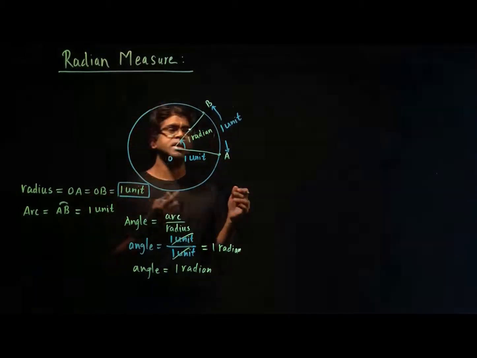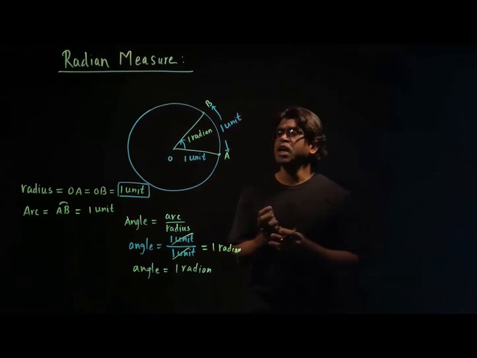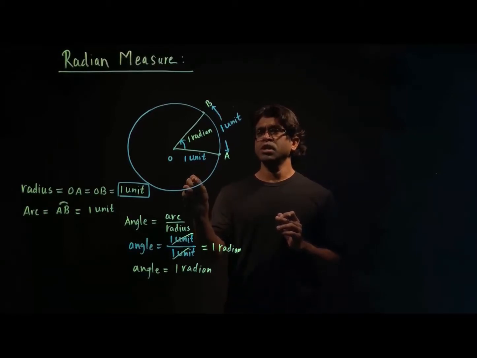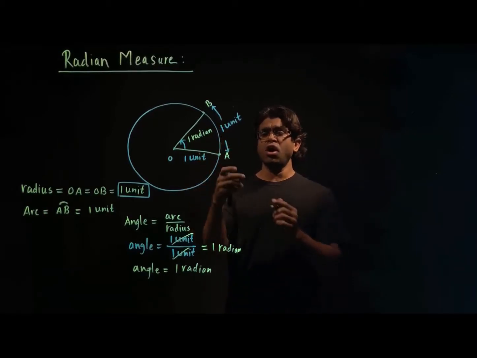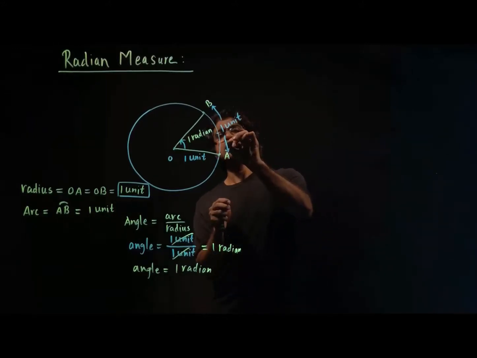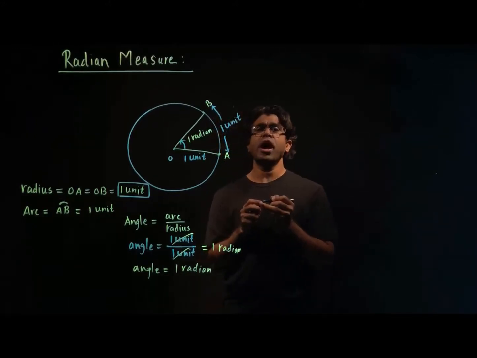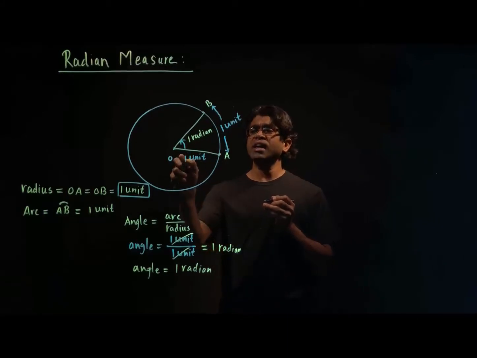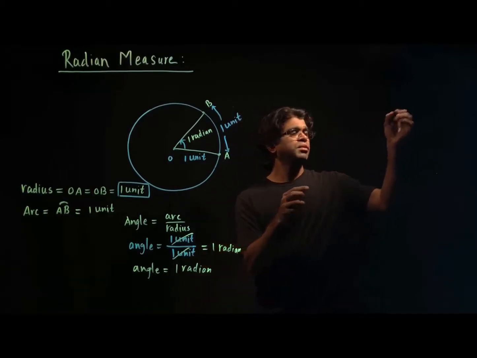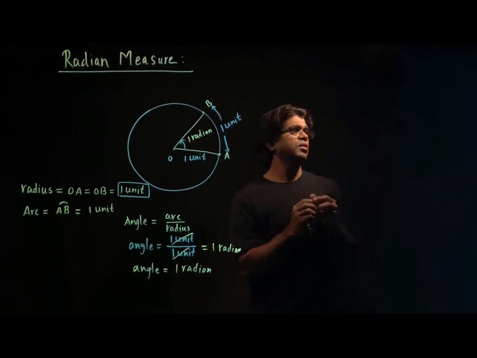What does that mean? It simply means that if we consider a circle of radius 1 unit and the arc length is also 1 unit, then the angle subtended by that arc at the center of the circle is 1 radian.